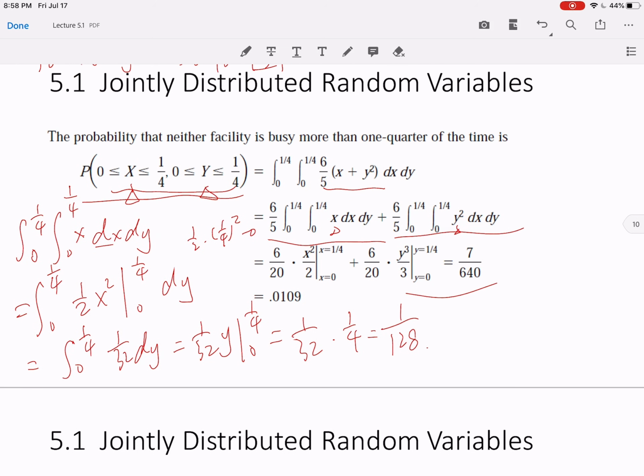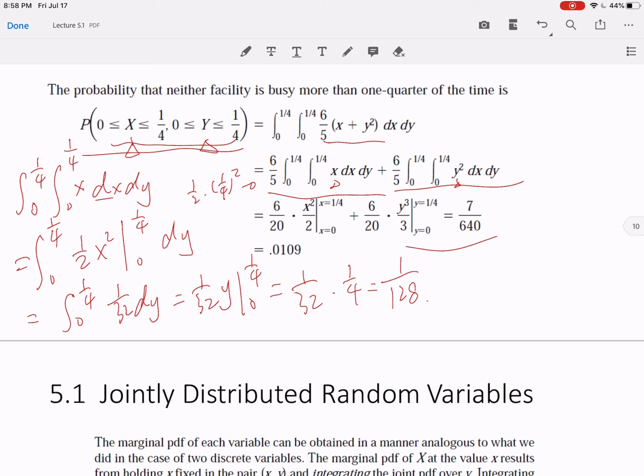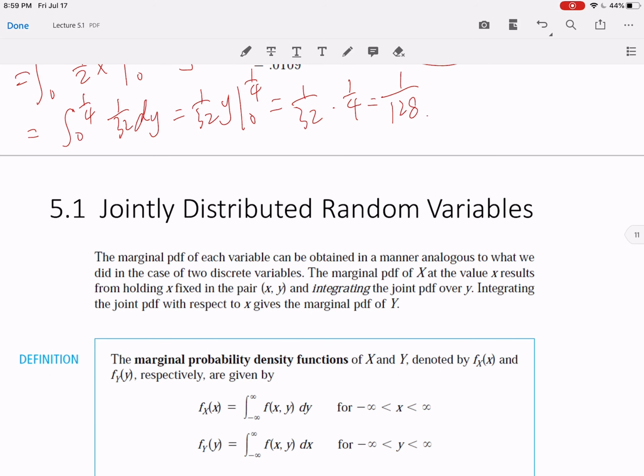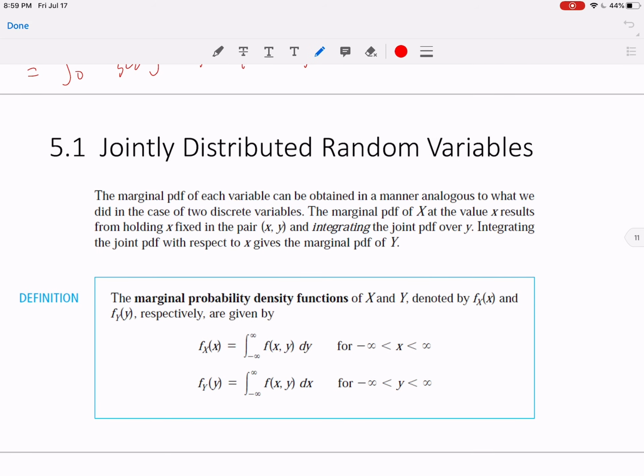All right, once we know how to find the probability of an interval from a joint PDF, let's take a look at how to find the marginal PDF. Actually, it's very similar to the idea we went over in the previous video, just like the marginal PMF of discrete random variables.